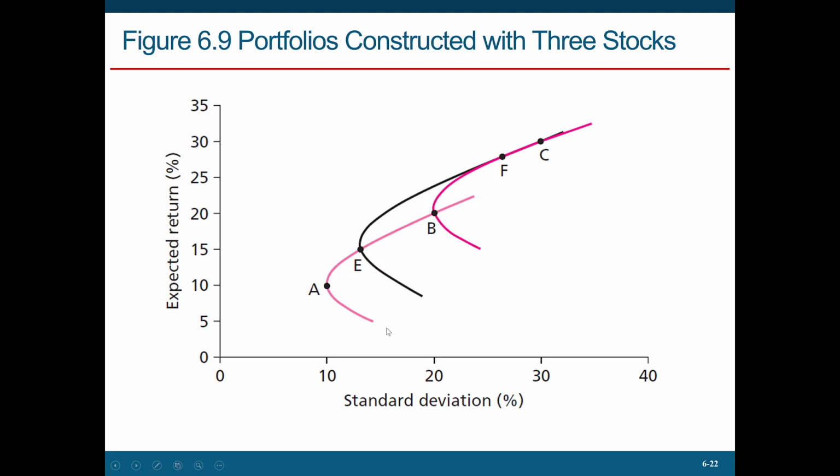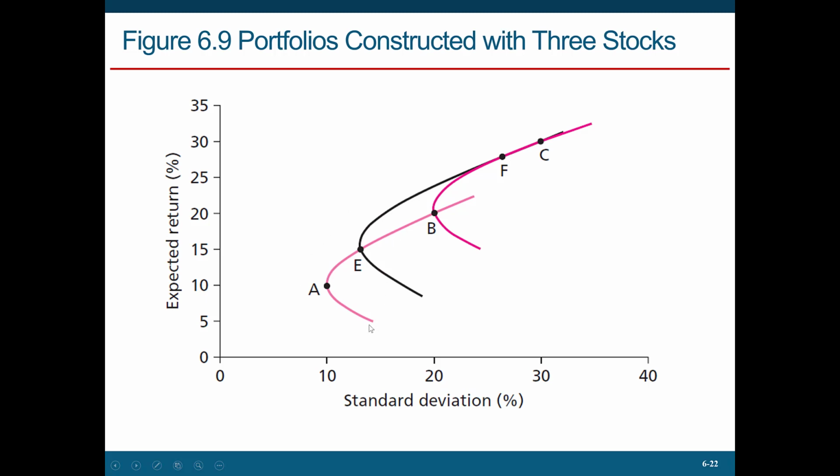We are of course getting better diversification, right? The more assets you add, you are getting more diversified, so your portfolio would keep moving, or your graph would keep moving in this desirable northwest direction. But otherwise the shape of your curve remains the same, and once you add the risk-free asset, again you will get that tangency portfolio as the optimal risky portfolio.